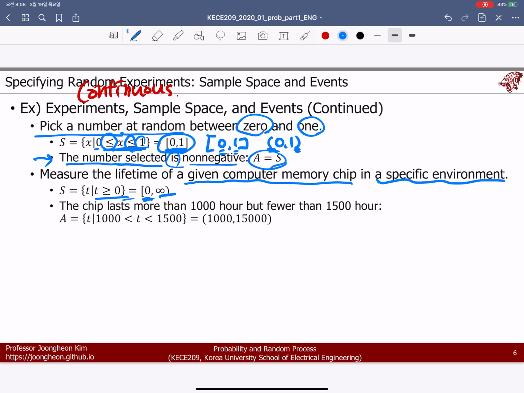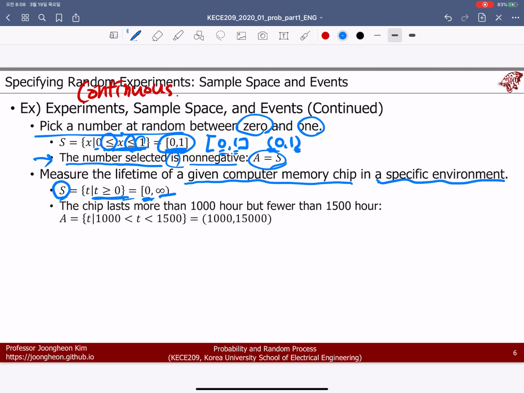It should be very clean, so you have no chance of it being broken in space. We can use this forever and ever in the universe, maybe. That's why we have no restriction in terms of upper bound. So we can define our sample space just like this, okay?